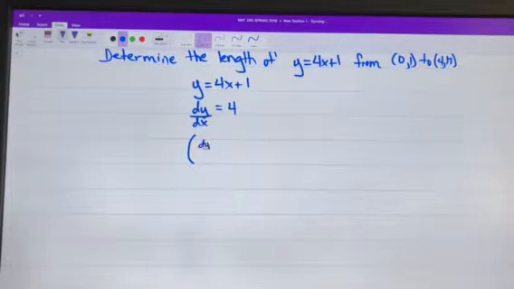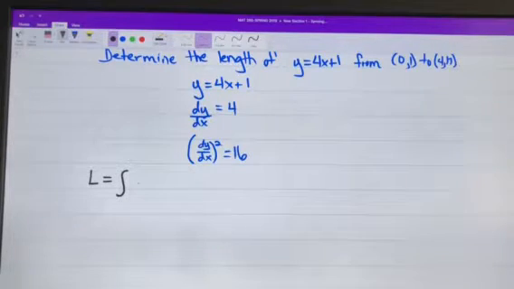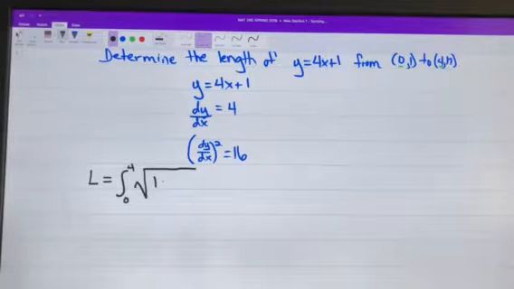So taking the derivative in x of both sides, you have dy over dx is equal to 4, and in the case of the square of the derivative, we have 16. Now, for the length of this particular curve, integrating with respect to x, again I am going from x is equal to 0 to x is equal to 4.